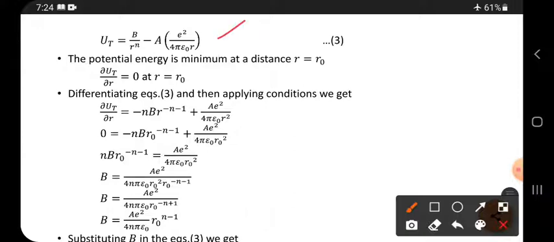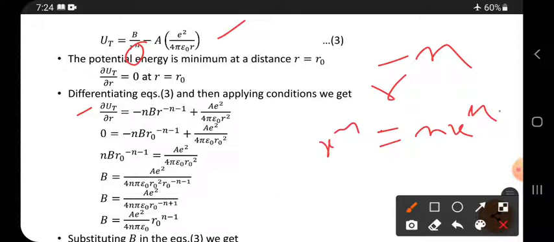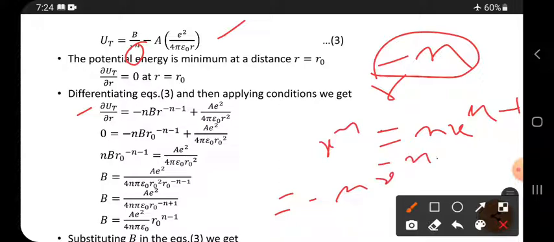Since r power n is in the denominator, bring it to the numerator. We know the differentiation of x power n is n x power n minus 1. In the same manner, we can write minus n r power minus n minus 1.